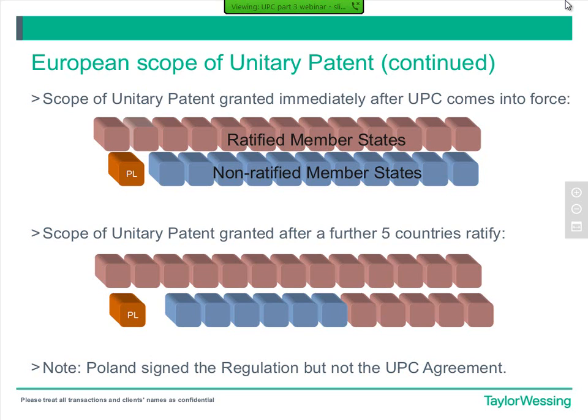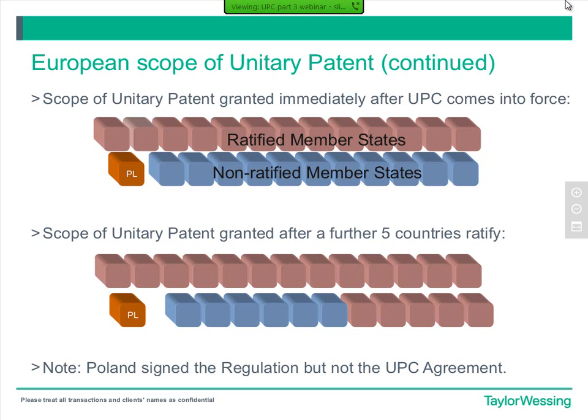And then all these unitary patents will be effective in those 18 pink countries. In other words, the geographical scope of the unitary patents will extend over time as more countries ratify the UPC. So far, it's pretty simple.